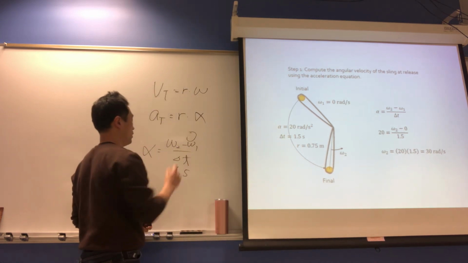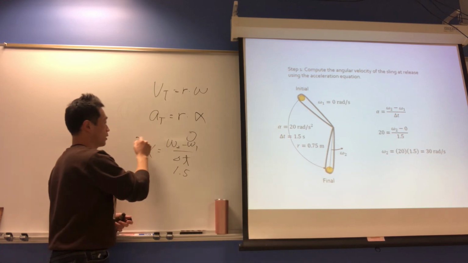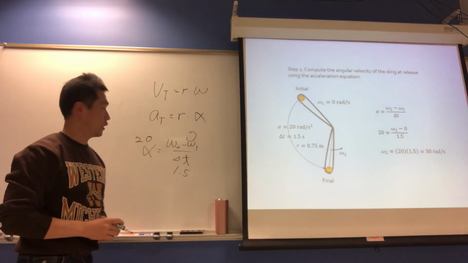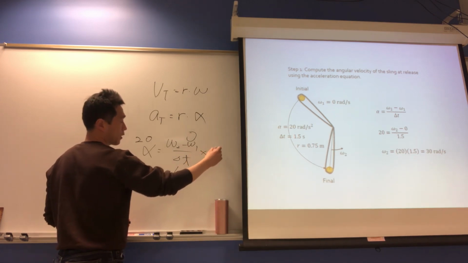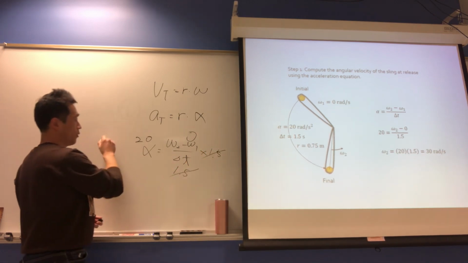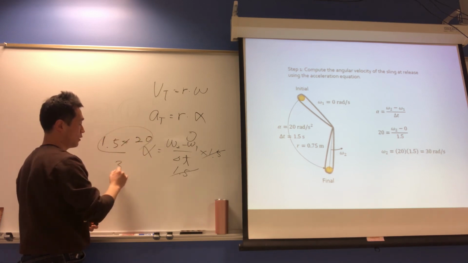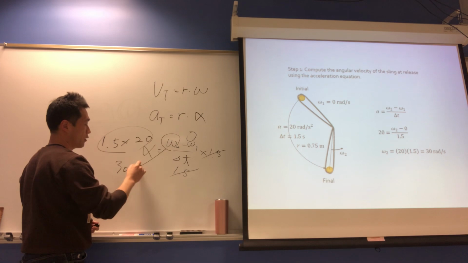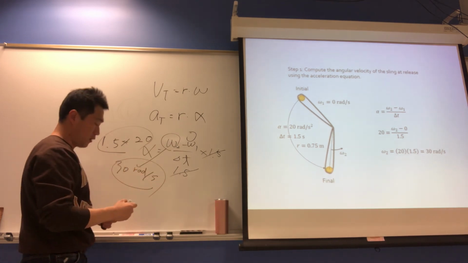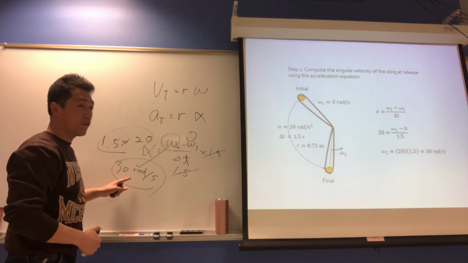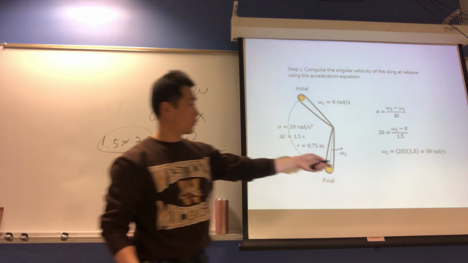Angular acceleration is also provided, 20. Then you can multiply each side by 1.5, and it cancels out. Multiplying gives 30 radians per second. So we got the final angular velocity, which is the angular velocity as the stone is released: 30 radians per second.